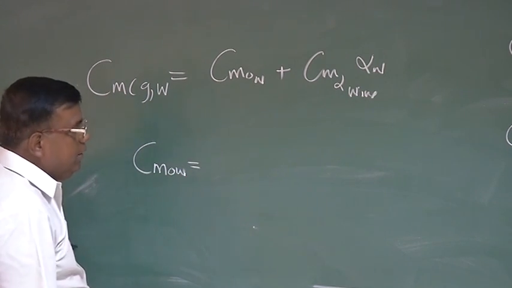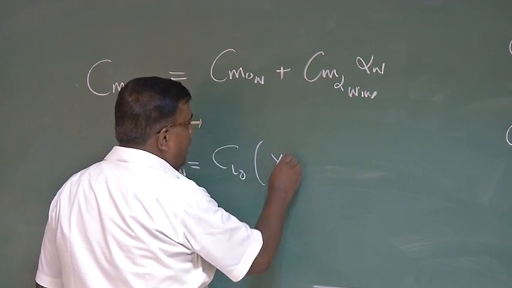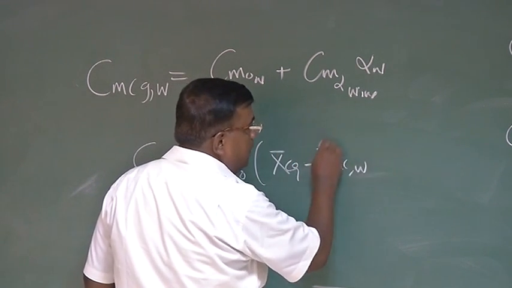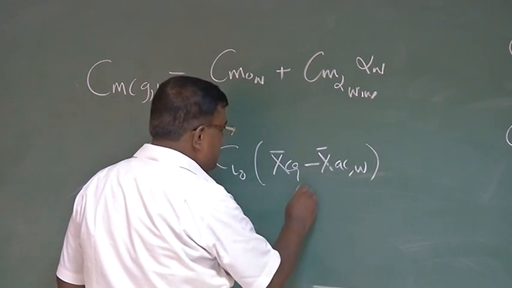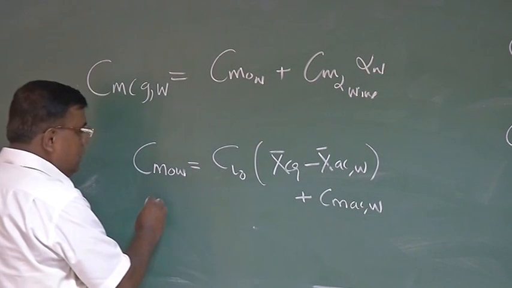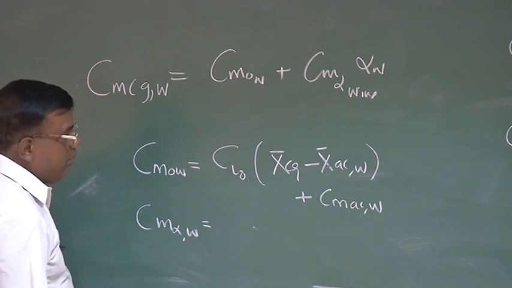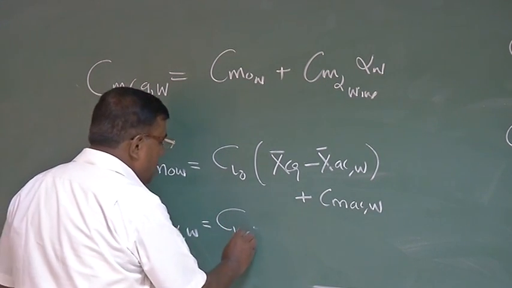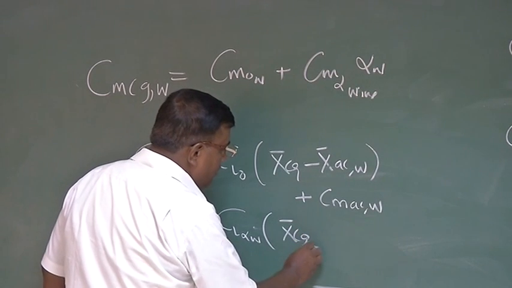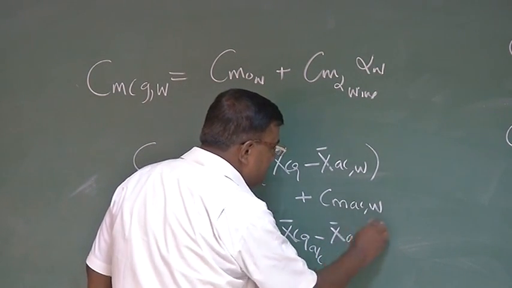This is coming to be CL naught into XCG bar minus XAC wing plus CM AC wing, and CM alpha wing is coming out to be CL alpha wing into XCG of the aircraft minus XAC of the wing.